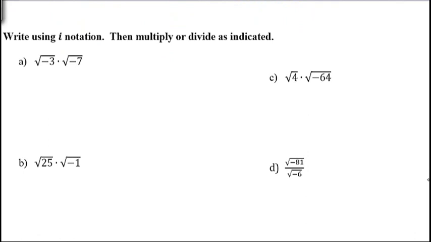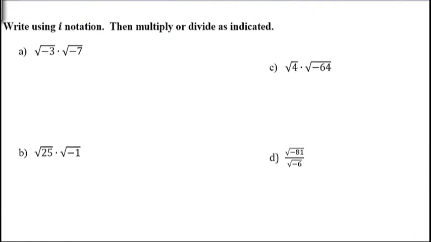Now we're going to use i notation, then multiply or divide as indicated. The first example, the square root of -3 times the square root of -7. We would rewrite these using i notation: the square root of -3 would be i times the square root of 3, and the square root of -7 would be i times the square root of 7.